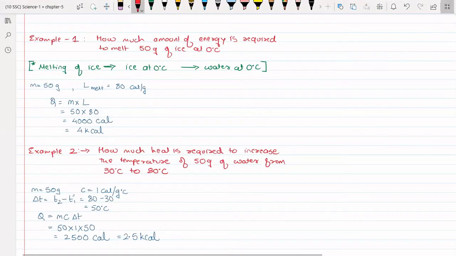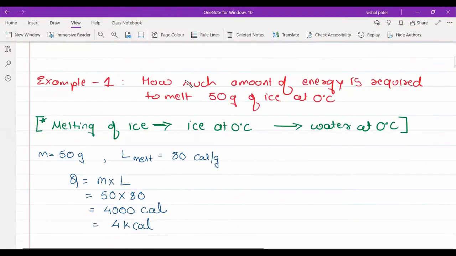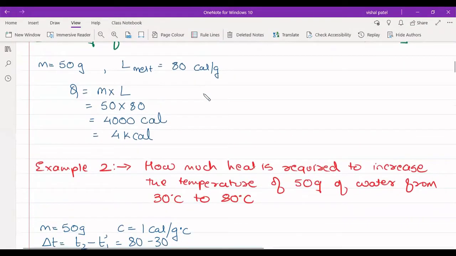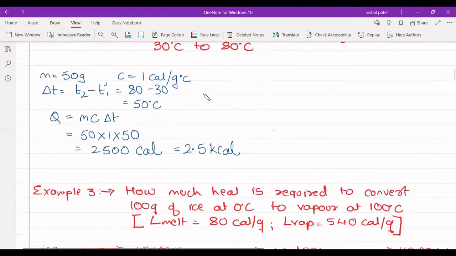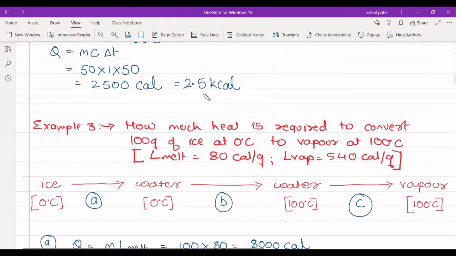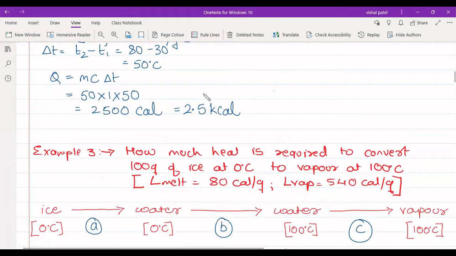Okay, now students, now I have taken one example जहां पर मैंने दोनों किया है. ये देखो, first I want you to read the question only. I'm not showing you the answer. Read the question.